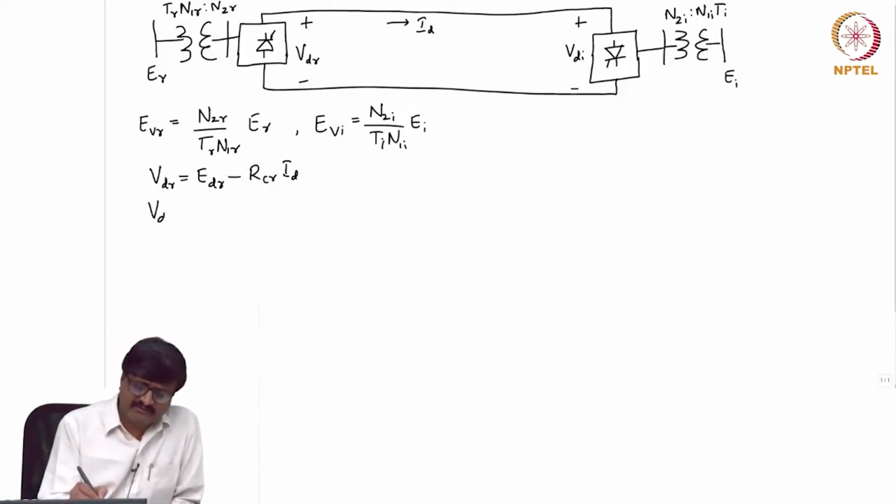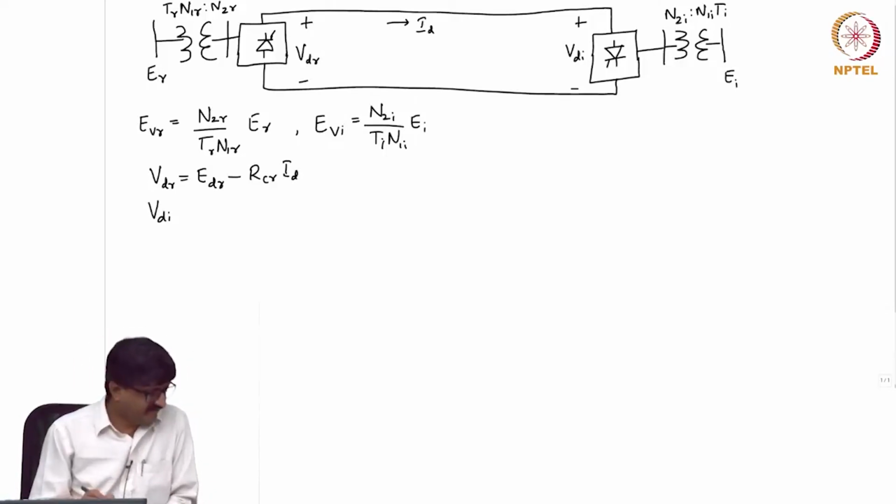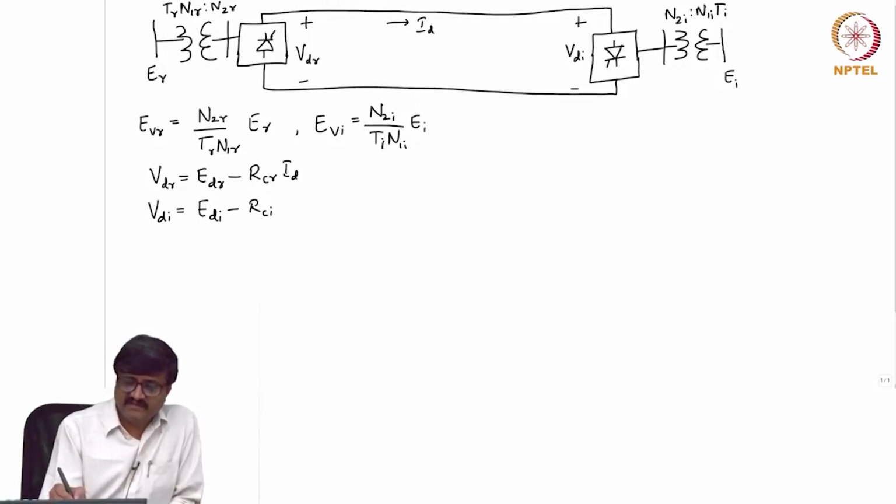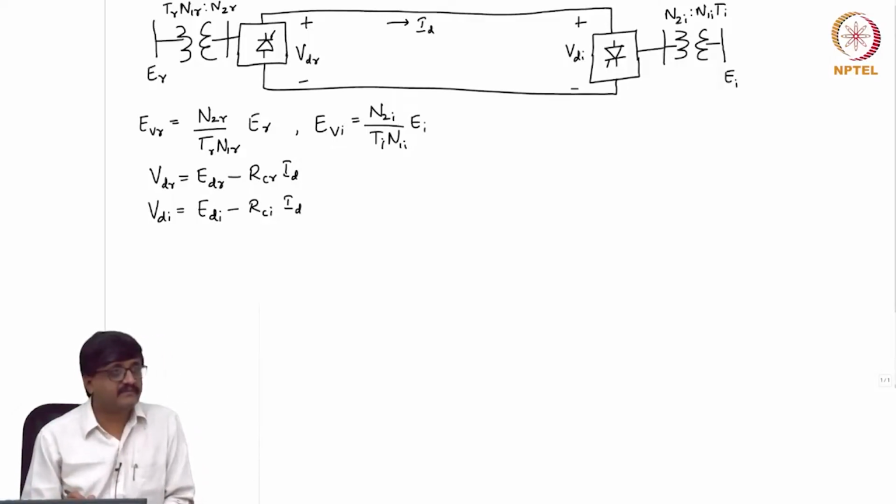Then we also derived the relationship between VDI, ID, EDI: minus RCI ID. Okay.